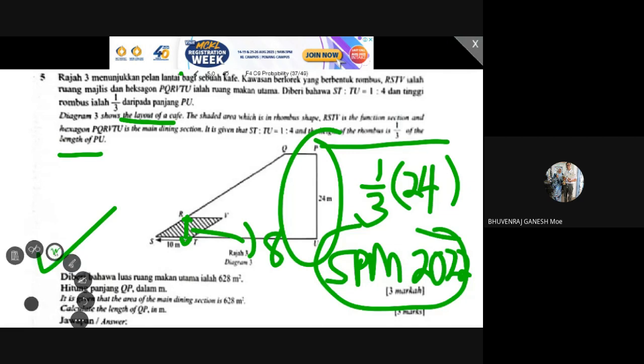Yes or no? Diagonal is this one. If anyone doesn't know the meaning of diagonal, refer here. This is what we call the diagonal, this and this.